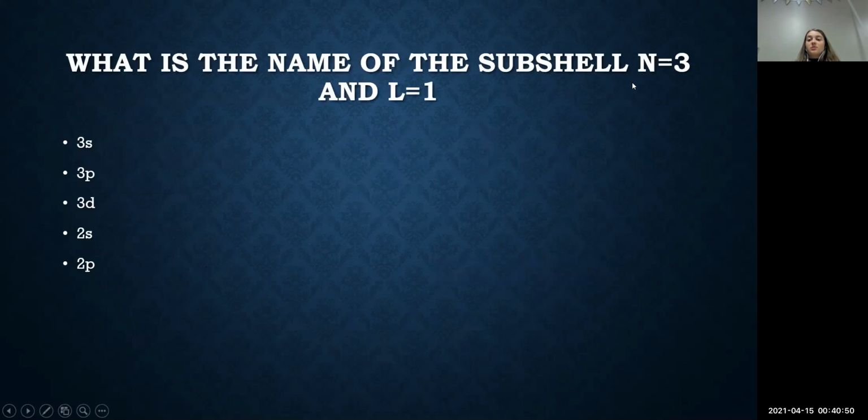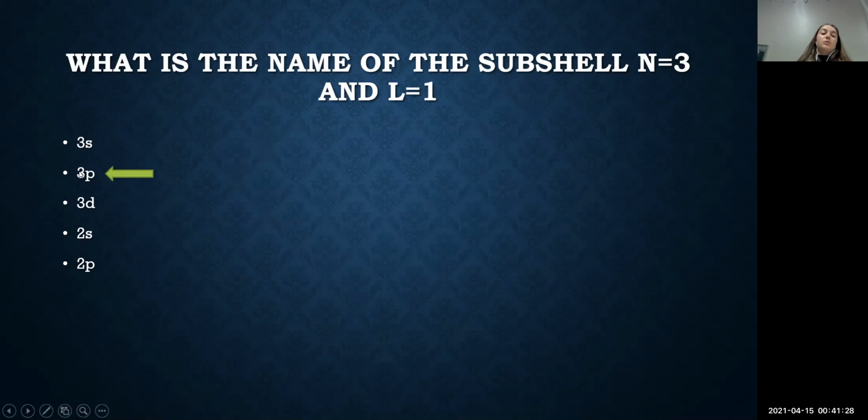So let's do a little practice question. What is the name of the subshell N equals 3 and L equals 1? So just think about that for a minute. So the answer is going to be 3p because N equals 3.